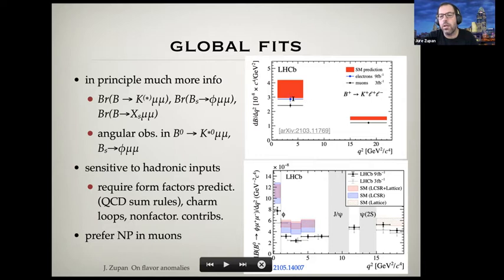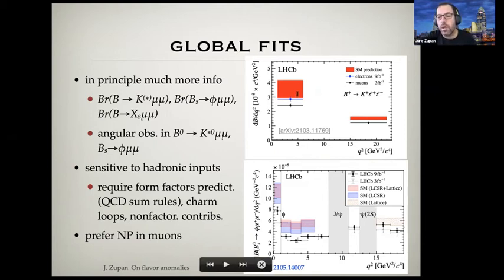So while the electrons seem to agree with the standard model prediction, the muons seem to be lower. Notice that the standard model prediction has quite large error bands. That's why I call them theoretically dirty.